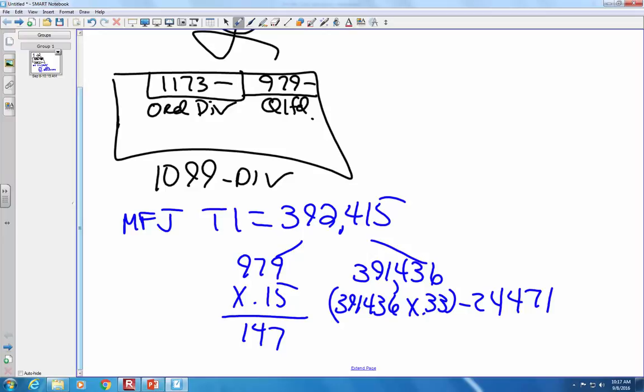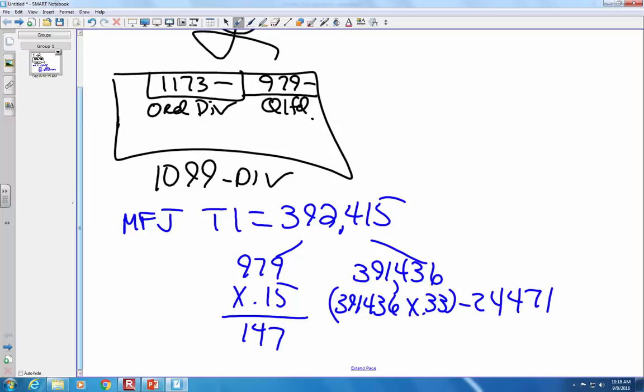So basically what we know here is that we've got to split our taxable income into two chunks. The $979 of qualified dividends is taxable at 15%, so we pay $147 on it. The balance, $392,415 minus $979, tells us that $391,436 of income is taxable at the regular schedule, right?